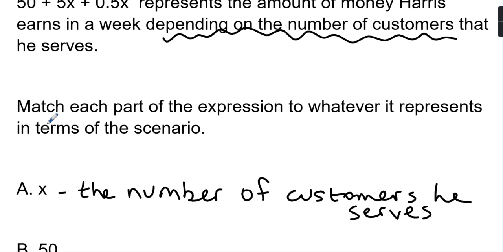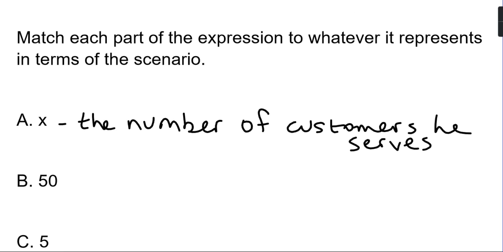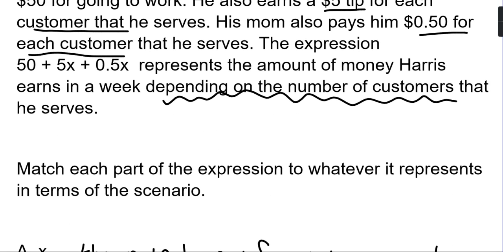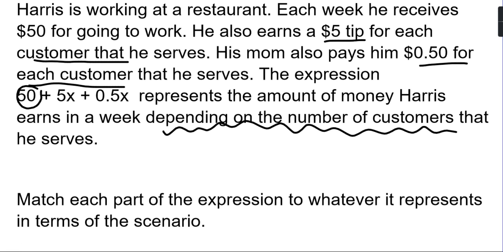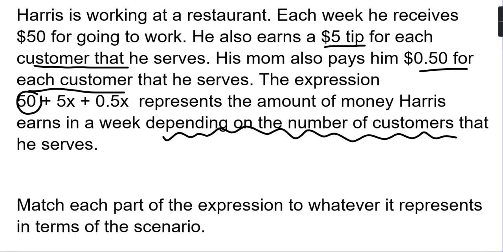Okay, then we have 50. What does 50 represent? Well, I'm looking in the expression and I see 50 right here as a constant. That's something he's going to get once. And I'm looking at 50 in the scenario and it says he receives $50. Each week he receives $50 for going to work.